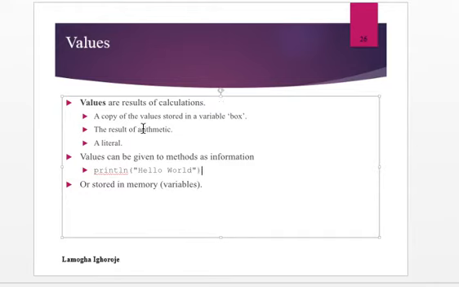It could be that you did some calculation, and then the answer, the sum of two numbers for example, you put in the box. Whatever was in the box before is replaced, so you've given the box the new result. It could also be that the values are just literals, like we've seen.